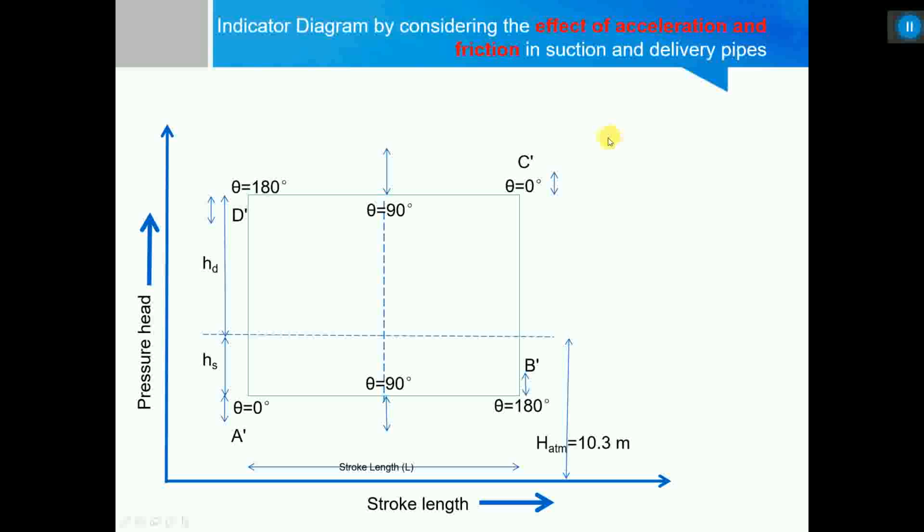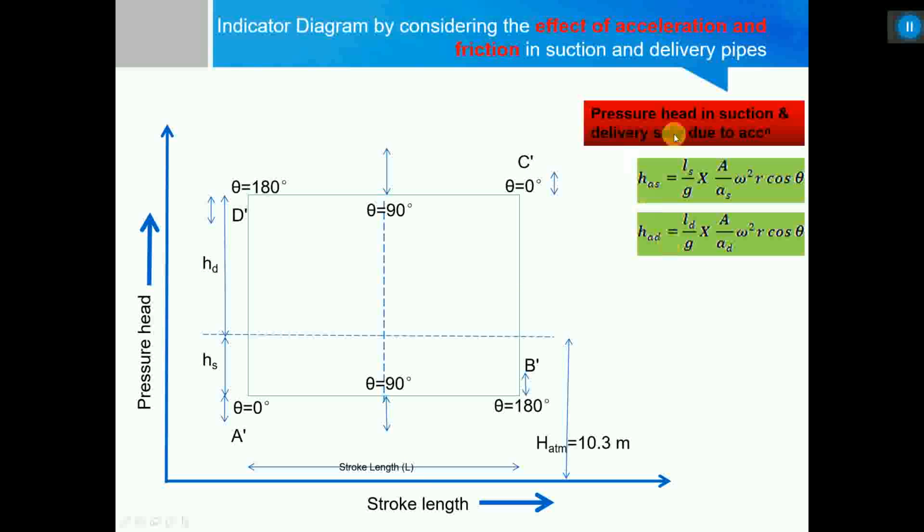Now the last topic is the indicator diagram when we consider the effect of both acceleration as well as friction in the suction and delivery pipe. As we have seen earlier, the ideal indicator diagram is this one, where the area of the indicator diagram is L into (HS plus HD).